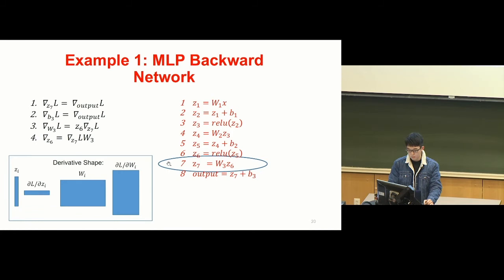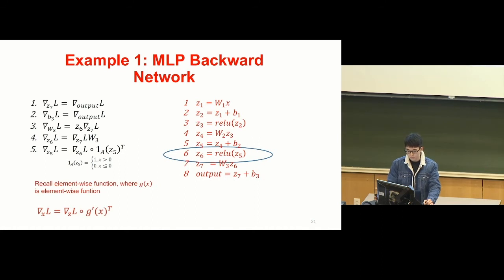The next step is a multiplication operation, and here one thing we still need to notice is to make sure the dimensions of the derivatives match. So the partial derivative of L to W3 equals Z6 times the partial derivative of L to Z7.